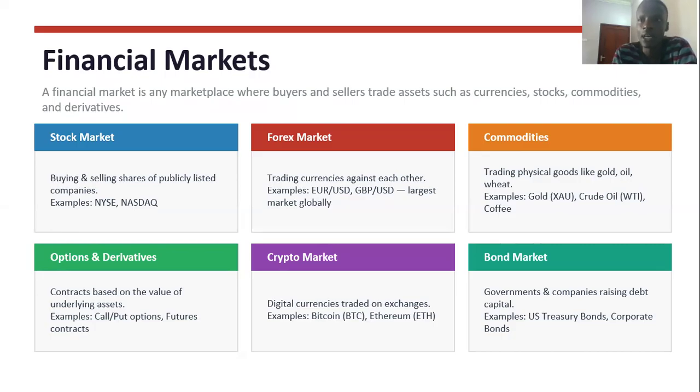So this is where the buying and selling of various assets like stocks, commodities and currencies takes place. Under currencies, we have currencies of various economies, like the euro, the USD, the Japanese yen, and many others.